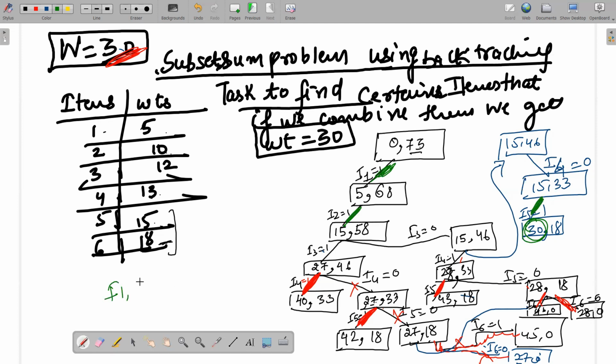So item 1, item 2, and item 5, when included, give the combined weight as 30. So this is the subset that gives the answer 30, which was the required answer. This is how your subset sum problem is solved. And backtracking is only done if there are no paths which are possible to execute. This was not possible, this was not possible, and this certainly was not possible.